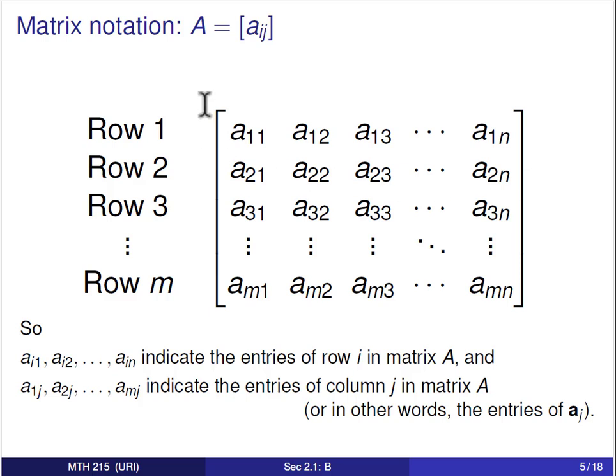Since this is an m by n matrix, our last row would be row m, so the subscripts would start with m on that row. And the very last column should always be the nth column, so n will always be the last number in any row's subscripts. Okay, please take a look at that. Pause the video if you like to make sense of that. But again, this notation little a with the ij, this just indicates different entries inside a matrix capital A.